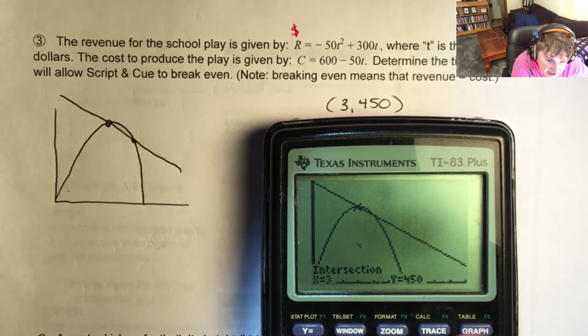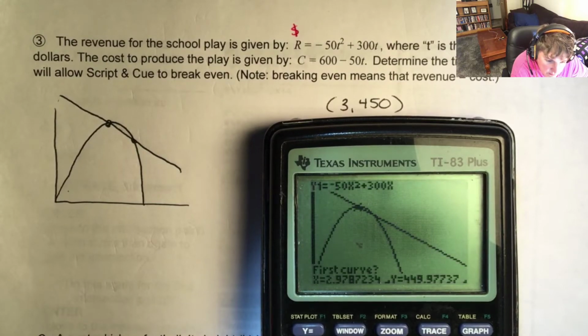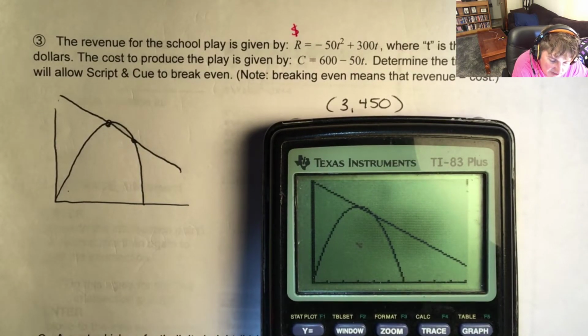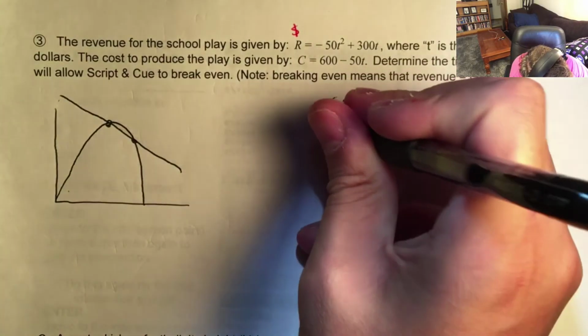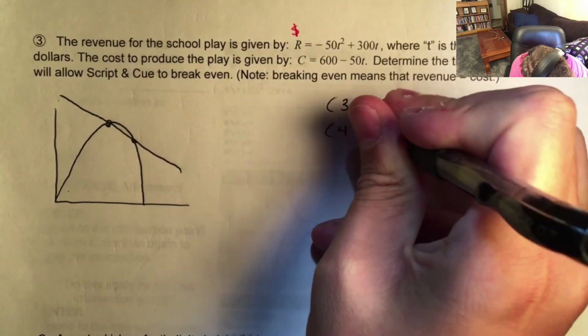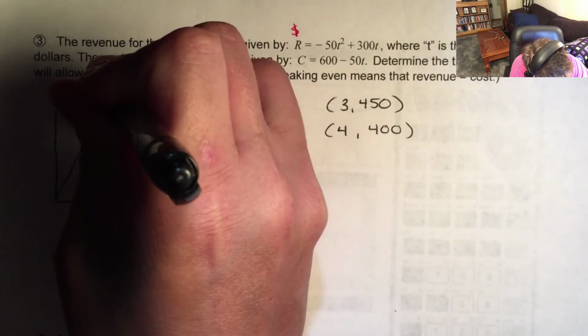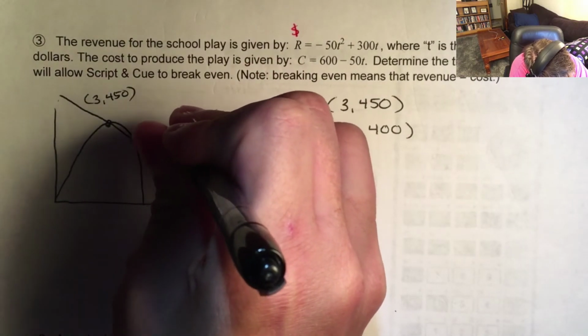Okay, and then the next is going to be the same exact thing, but the only thing that's different is I want to get over to this curve more or less. Okay, there we go. So you have to enter 3 times, and this is 400. Okay, so we know it crosses at 450, and then at 400.